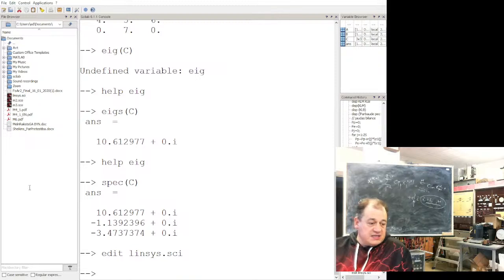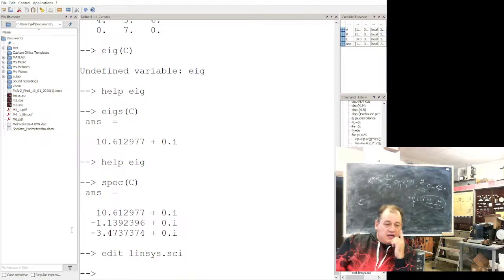Disp, it's a display operator. I will first write the number of steps, then the solution. What does it mean to solve a system of equations?